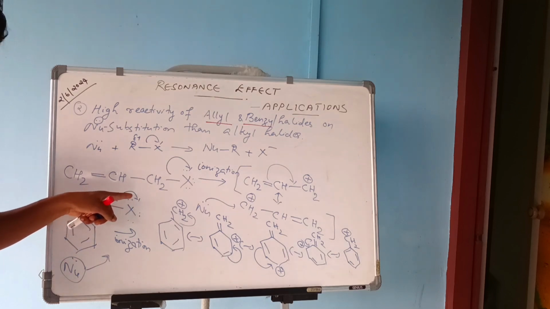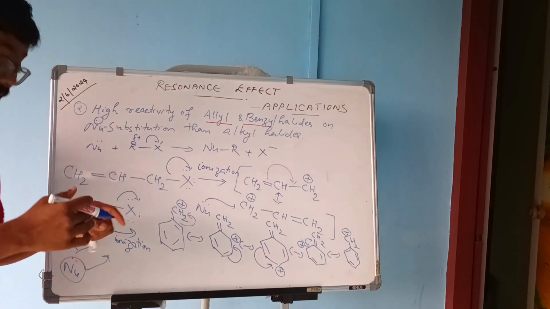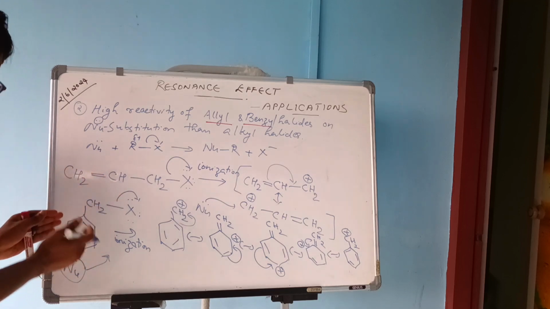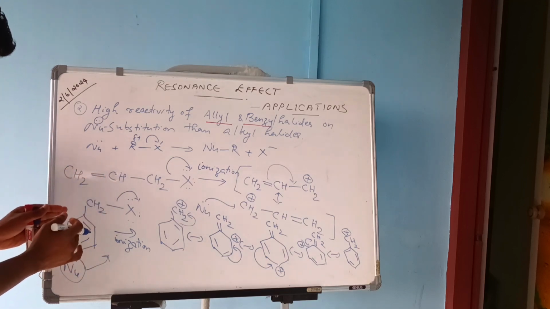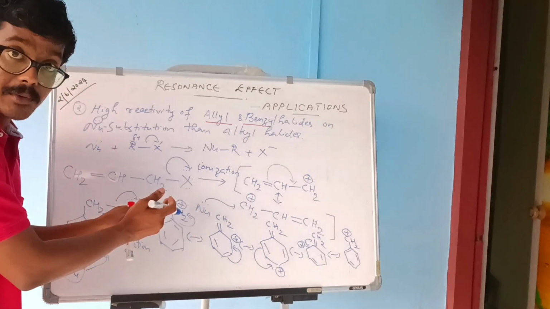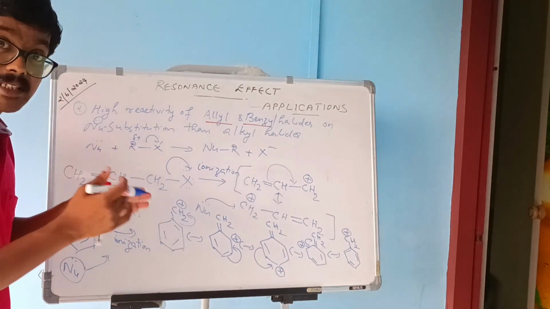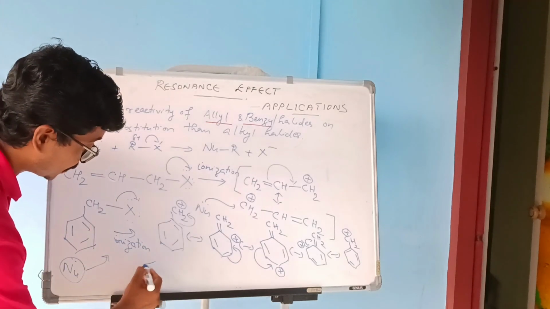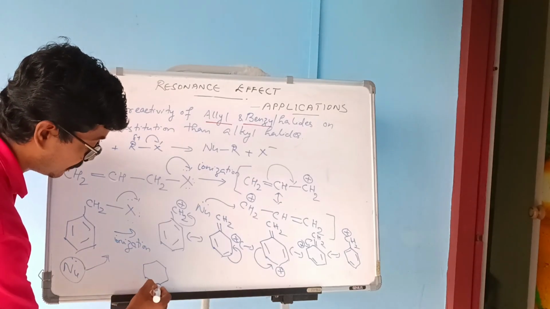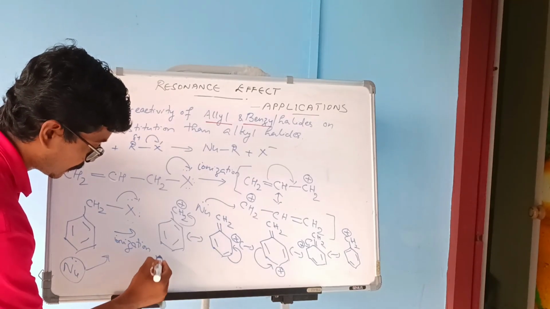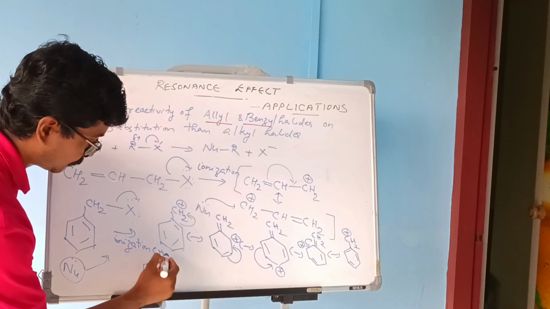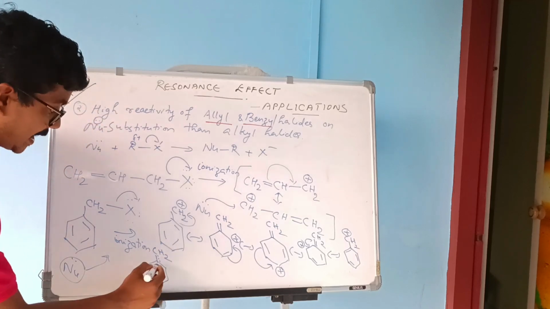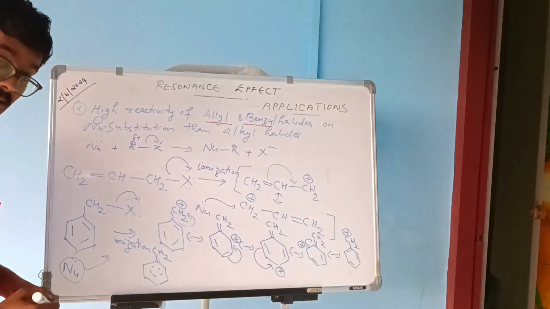the halide group will be readily displaced from this conjugated system, forming a carbocation which is very stabilized through resonance, and as a result the hybrid structure will become like this.